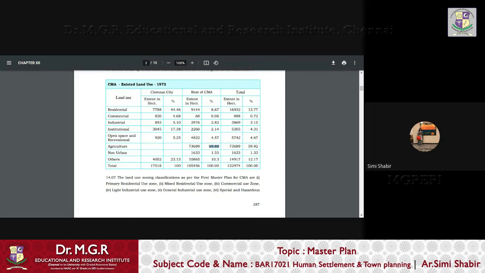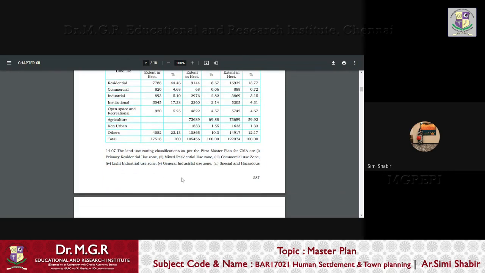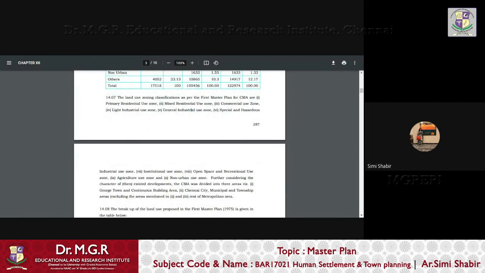Now, the land use zoning classifications as per the first master plan are the primary residential use zone, mixed residential use zone, commercial use zone, light industrial use zone, general industries use zone, special and hazardous industrial use zone, institutional use zone, open space and recreational use zone, agriculture use zone, and non-urban use zone.